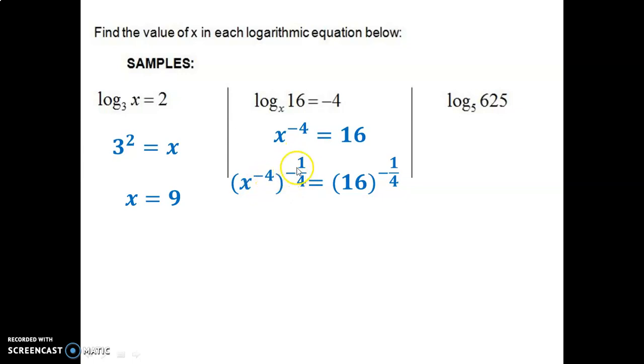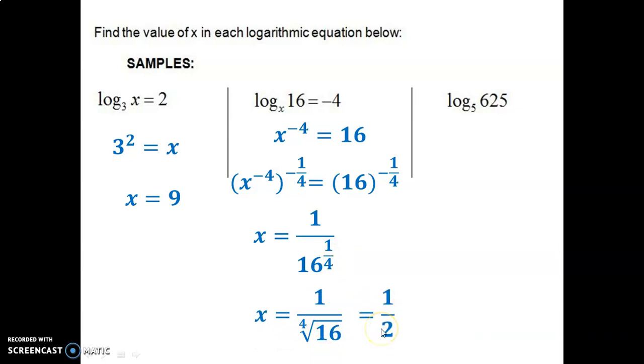So I see a -4, I'm going to apply a -1/4, because the law of exponents tells us we'll multiply those, and if you multiply those you end up with 4/4, which is just 1, and that would just be x. But if we apply that exponent here, we have to apply it here also. And that negative exponent will bring that to the denominator, and that 1/4 down there on 16 really means the 4th root of 16, and that means we have 1/2.